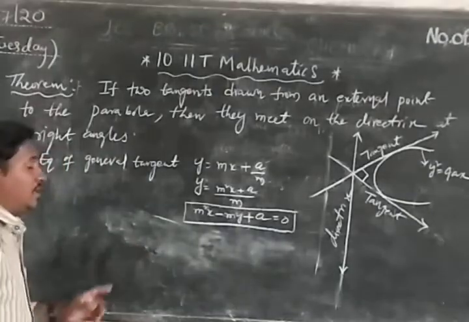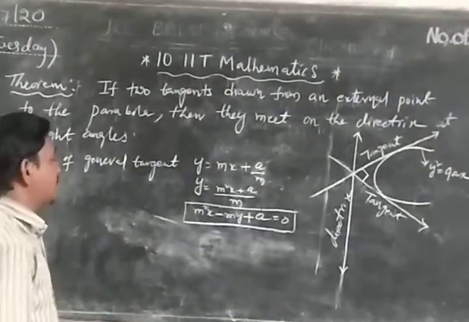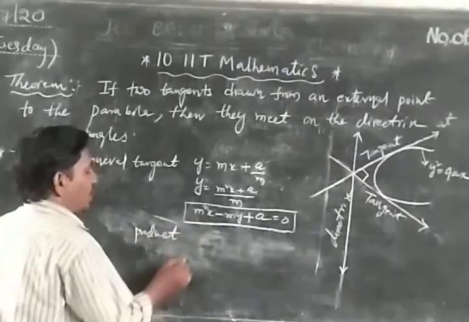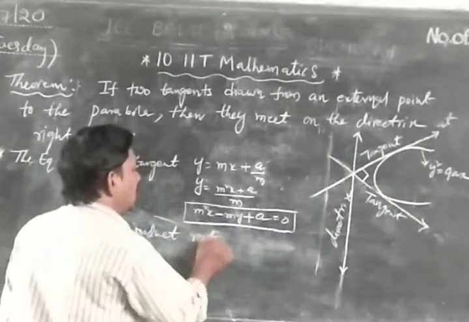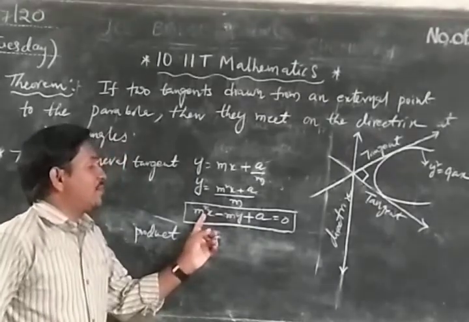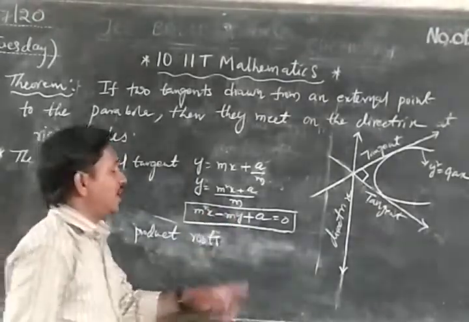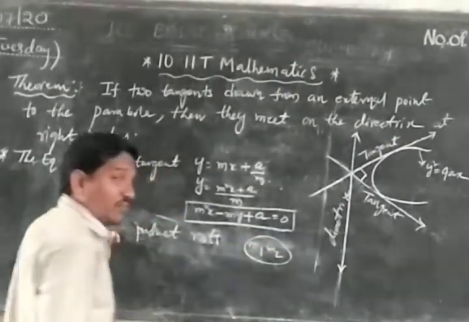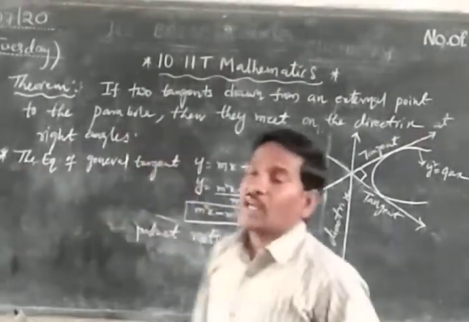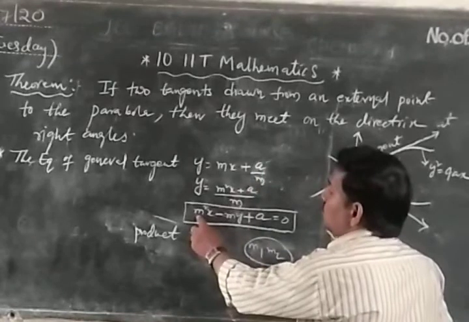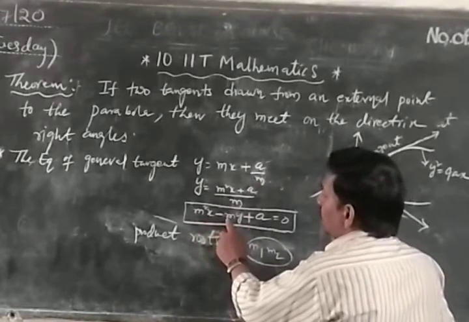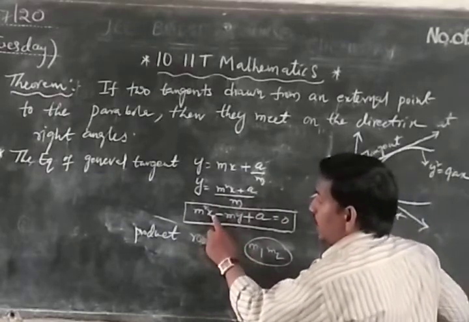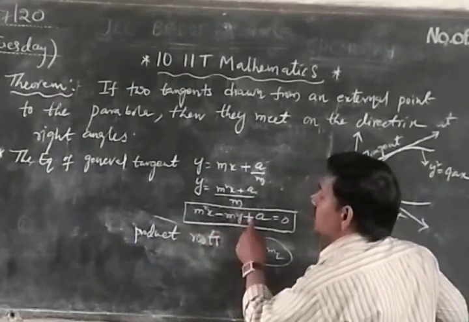So we know the product of roots. Here what are the roots in x m square minus ym plus a? m1 and m2 are the roots.